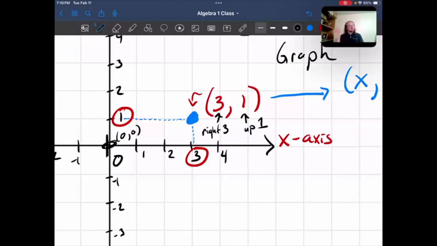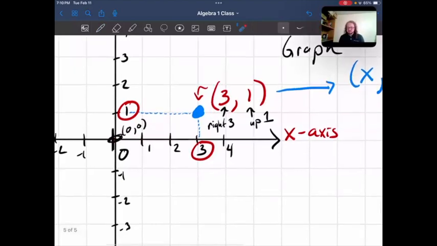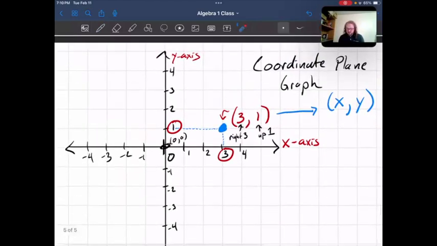We haven't moved at all if we're in the center. So if I start here and I move 1, 2, 3 to the right, and then up 1, I end up at the point 3, 1. In this, where both of these numbers are positive, we call this the quadrant 1, first quadrant.